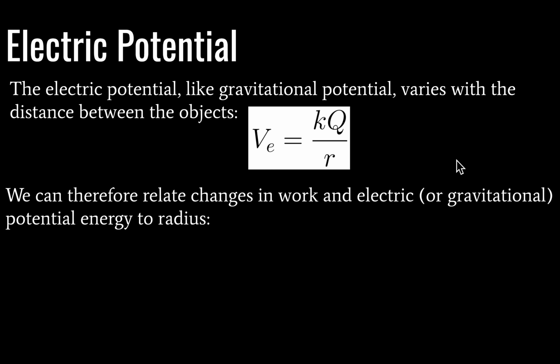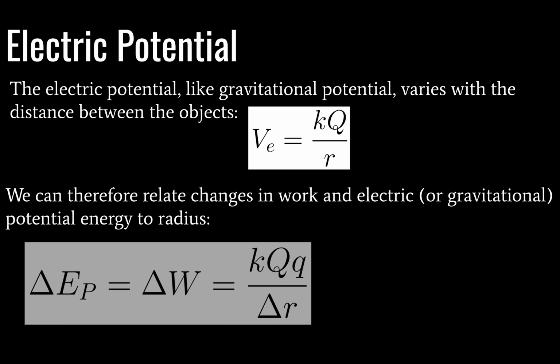Okay, so we can relate changes in work and electric potential energy to radius. This is also applicable for gravitational potential energy, although of course we have different values here. What we're going to find then is that changes in potential energy are equal to a change in work, which makes sense. The unit for both is joules.